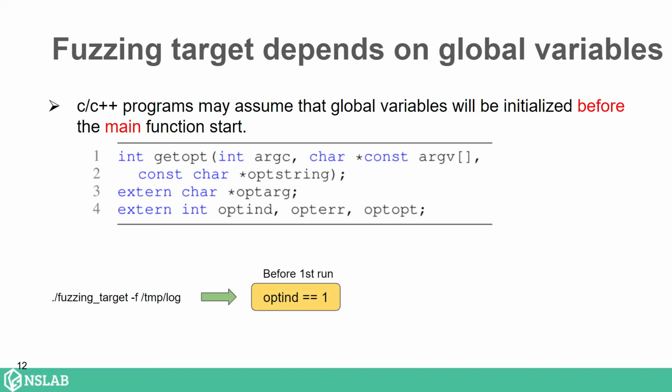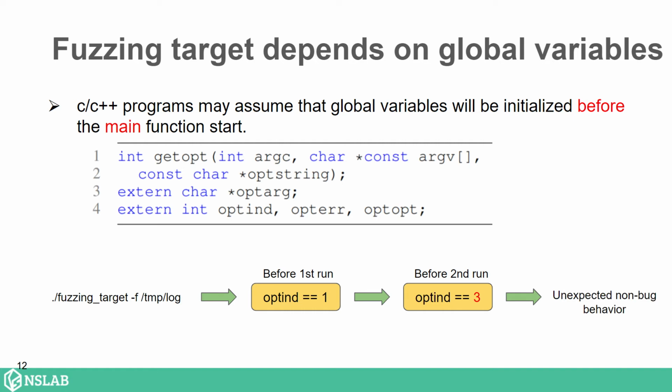Before the first round of the fuzzing target, the global variable optind will be initialized as 1 at startup time correctly. However, after the first round of the fuzzing target exits, optind may become 3, which indicates that the next index of the element to be parsed in the command line is 3. This will cause the second round of the fuzzing target to behave incorrectly.